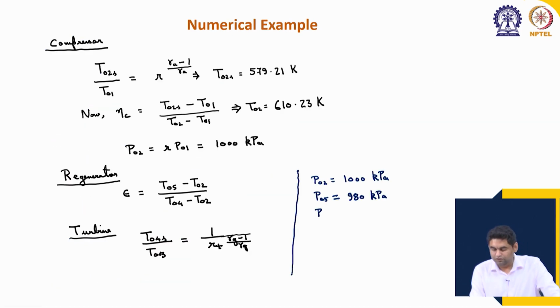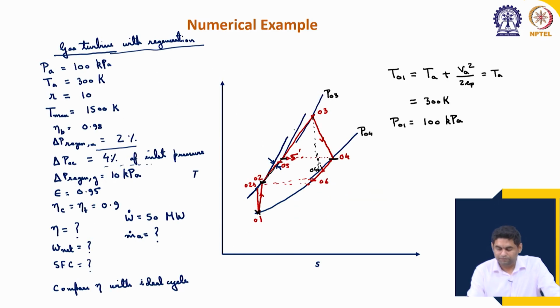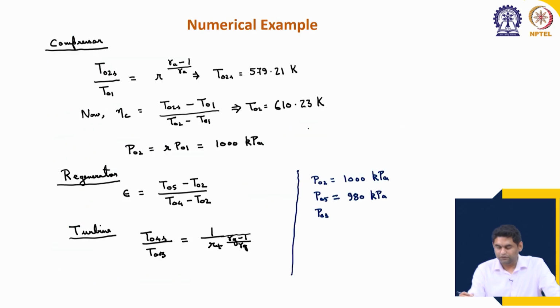So, P03, the pressure in the combustion chamber, is 4% lower. This is 0.96 into P05, which comes out to be equal to 940.8 kPa. So, this is the pressure at the inlet of the turbine.